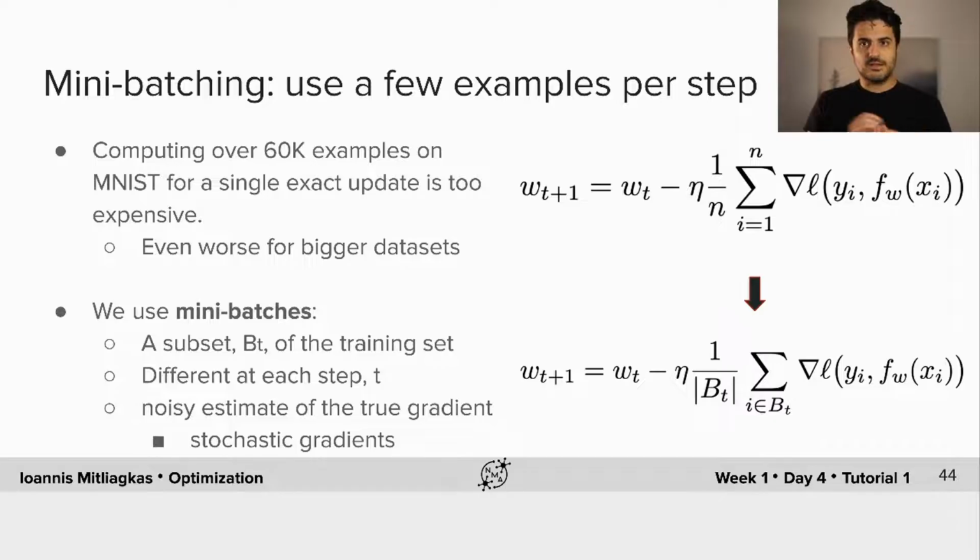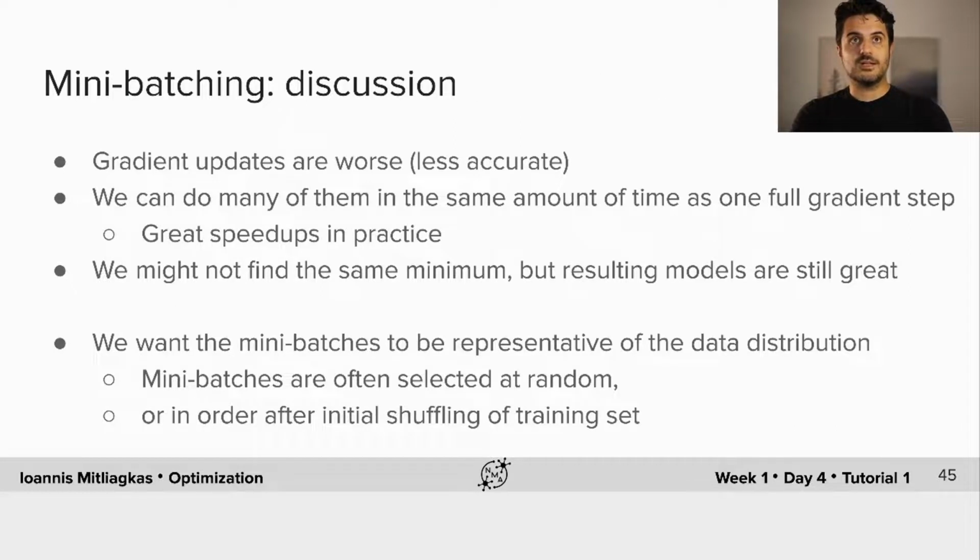Because the way we started this whole discussion, we need the gradient of the objective to minimize the objective. Now we're not using the gradient of the objective, but we have this estimate, right? So at the bottom, this gradient, you can think of it as a noisy estimate of the full gradient at the top. And it works very well, okay? This is the summary. It's much cheaper to compute, and it works very well.